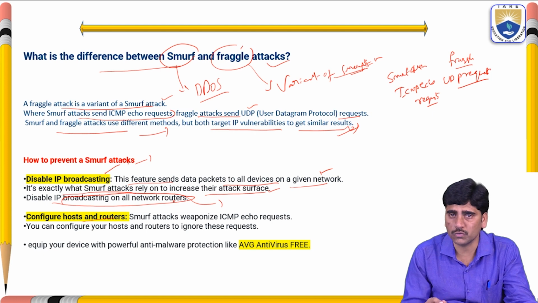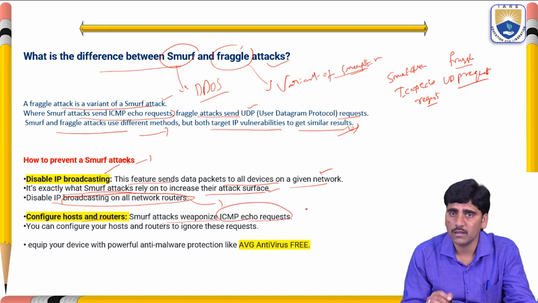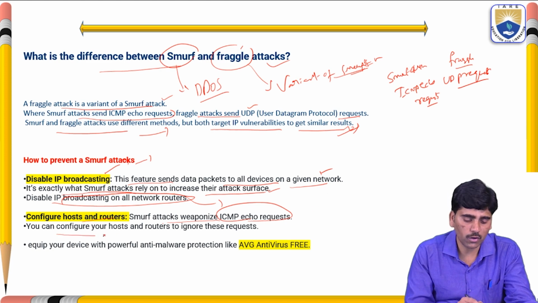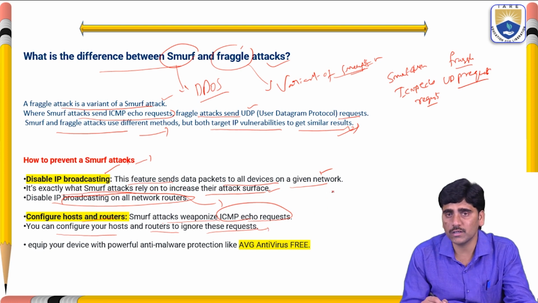And the second one is to configure hosts and routers. Smurf attacks weaponize ICMP echo requests, and we can configure hosts and routers to ignore these requests. The configuration of the routers and the hosts should be done significantly and systematically so that they are secure.